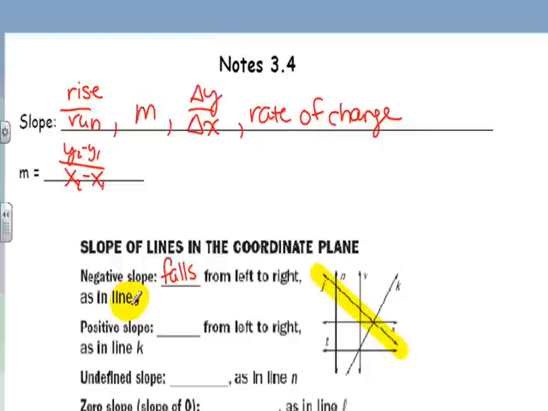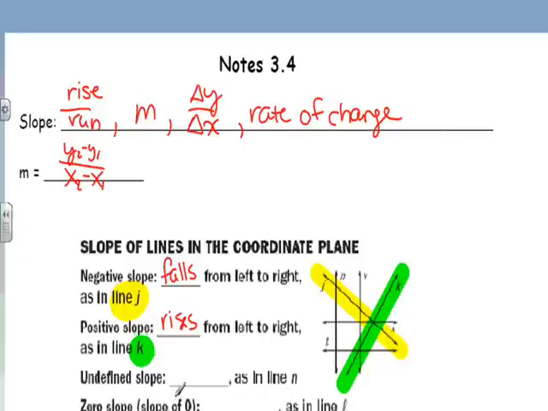All right, and then a positive slope rises from left to right. So line K has my positive slope. All right, and then we have the ones, those are pretty easy, right? A negative and positive slope, you guys get those. But undefined and zero are the two that confuse us.